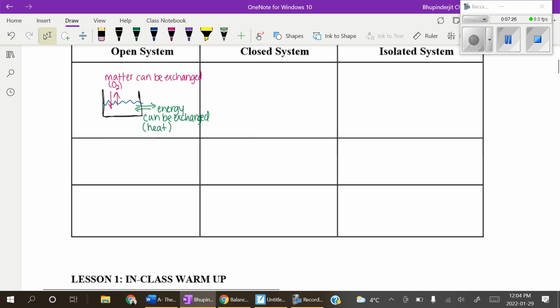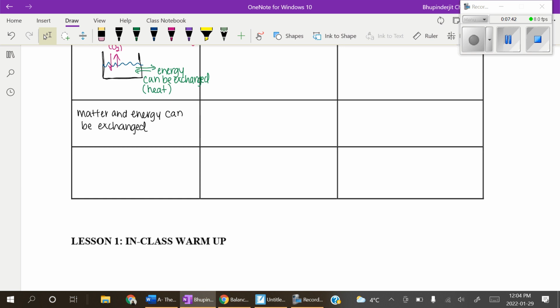I'm going to say both matter and energy can be exchanged. Some examples are a pot of boiling water, that is open to the system, and a mug full of coffee.